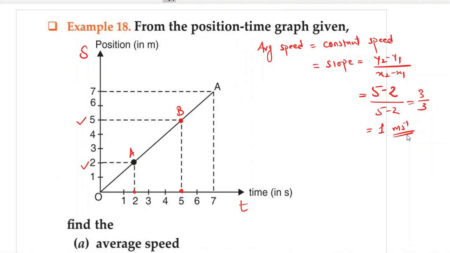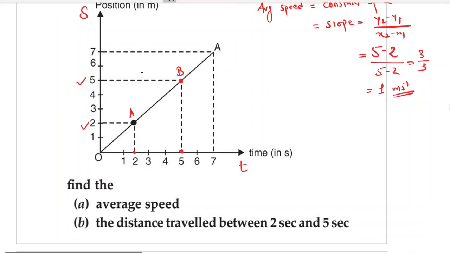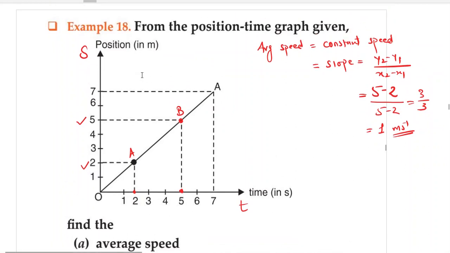Great. Now, how do we find the distance traveled? What they're asking is find the distance traveled between 2 and 5 seconds. Okay. See, at 2 seconds, the body was at 2 meter away from the initial position, that is O, and at 5 seconds the body was at 5 meter distance from the original position.